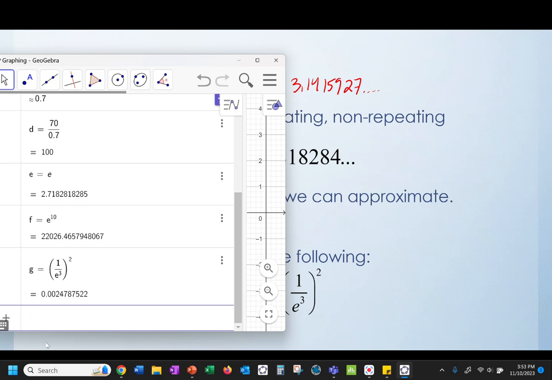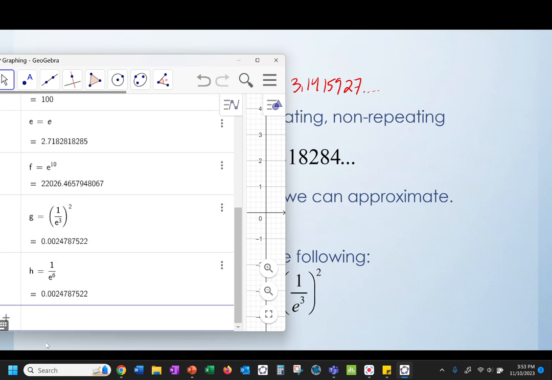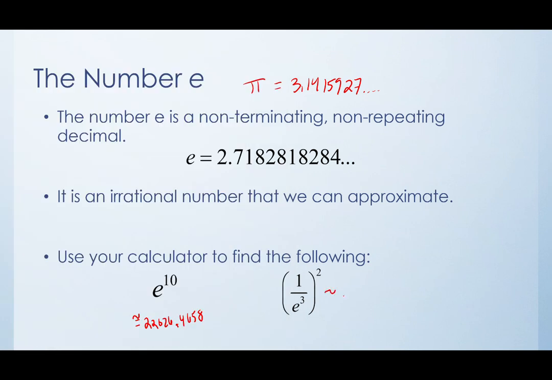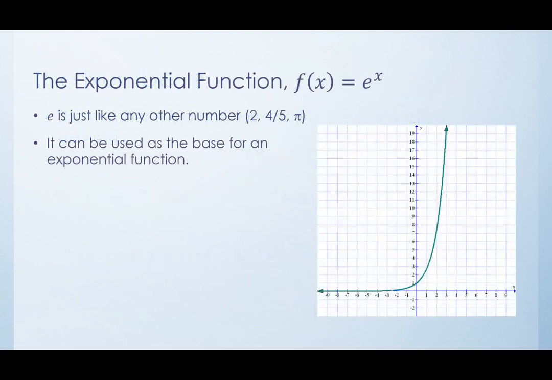So we've got 0.00247, which would be the same as 1 over e to the 6th. Same number, 0.0024787. In WebWork, don't round these things too much. Try not to round them at all, okay?